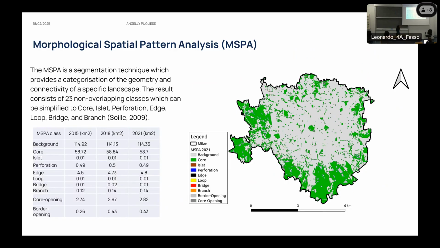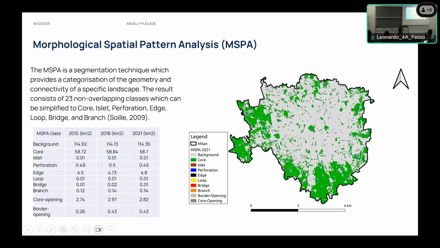Okay. So now I present to you the morphological spatial pattern analysis. This is just a characterization of the landscape geometries and connectivity proposed by Soille, I think it's French, in 2009, and it has been applied in multiple fields, like verifying deforestation patterns, and even in medicine, because you can interpret any sort of pattern that you can see in images.